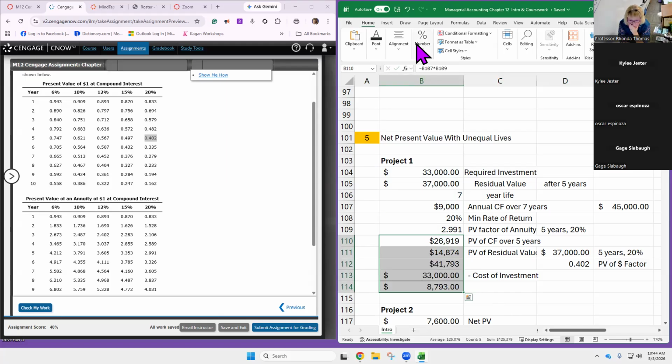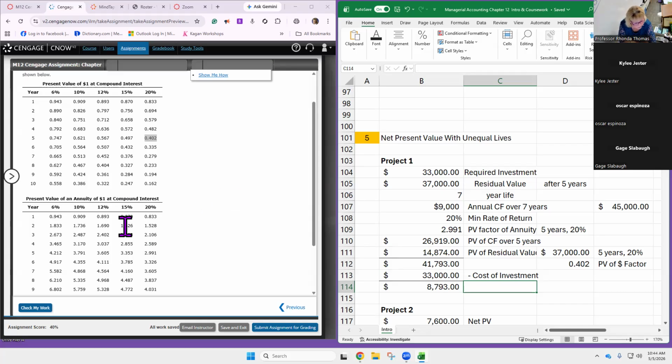Here we go, just one more time for the record. This one had cash flow for 5 years, and the cash flow was 9,000. So for the present value of a cash flow for 5 years, we use the present value table that says annuity on it. And there's the factor that we use to find this number.